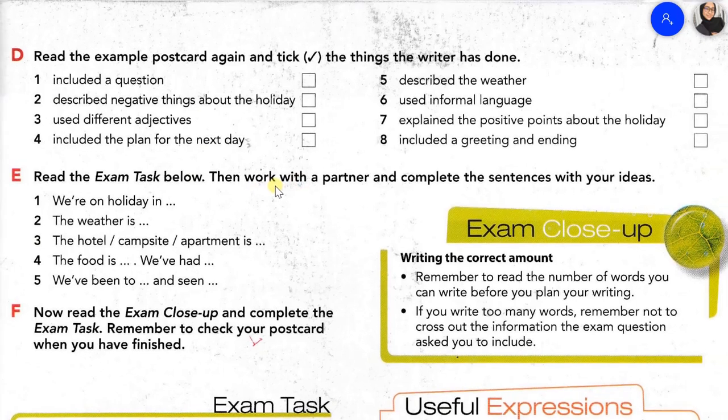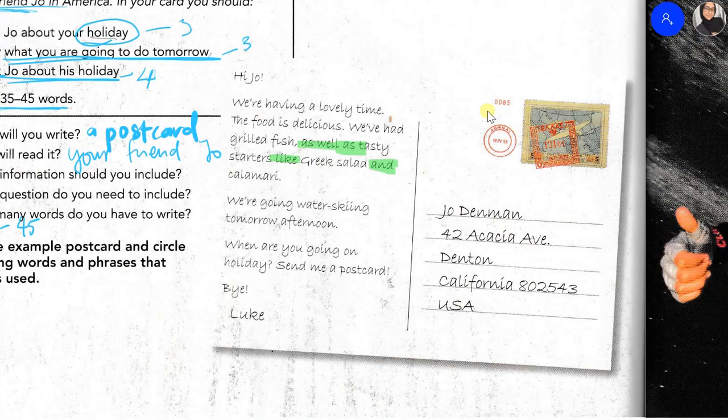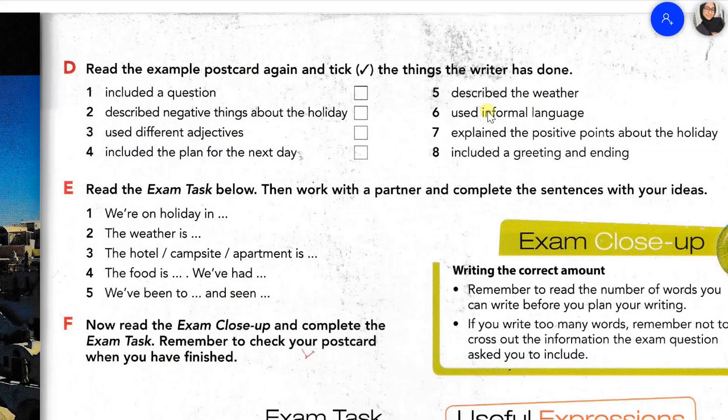Okay. Did the writer include a question? This is a question. So the answer is yes, the writer did include a question. Did the writer describe negative things about the holiday? Not at all. Okay, it's all positive.